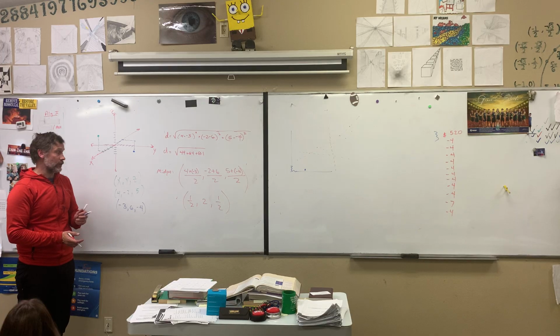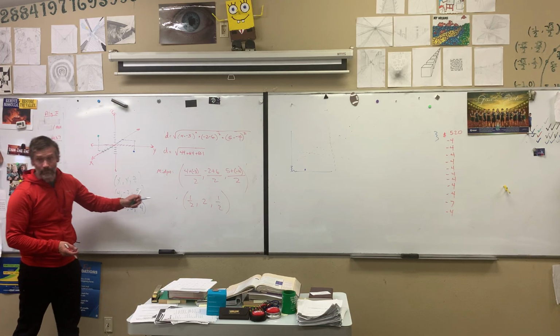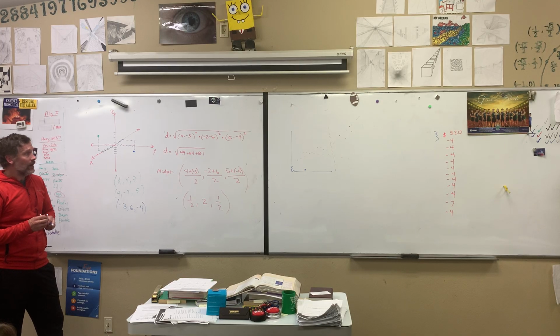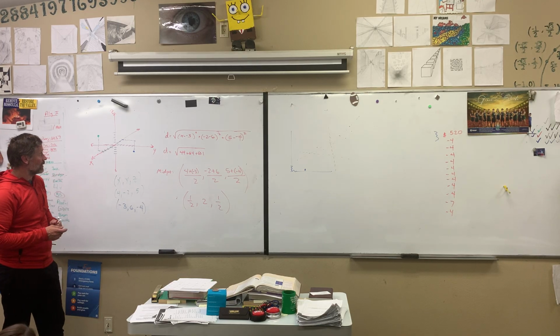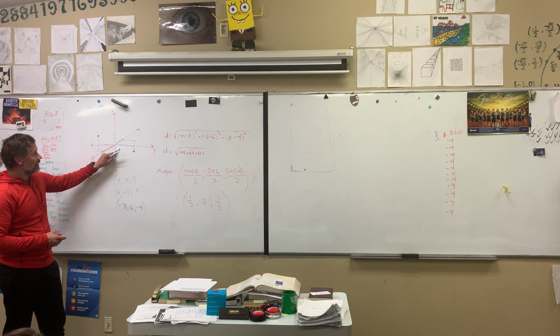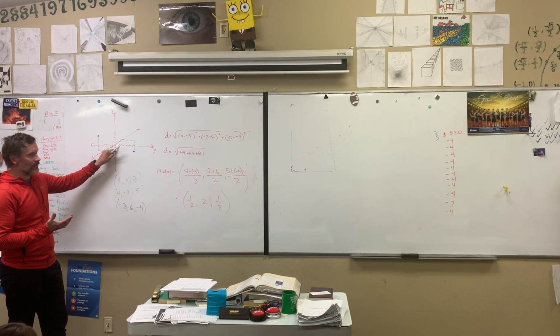Which again, if you were to actually look at that midpoint and ask, does that seem to kind of match with what I have in between the green point and the blue point, you could say out a half, over 2, and then up a half. And my picture is a little bit off, but the point I'm finding is somewhere right about in there.